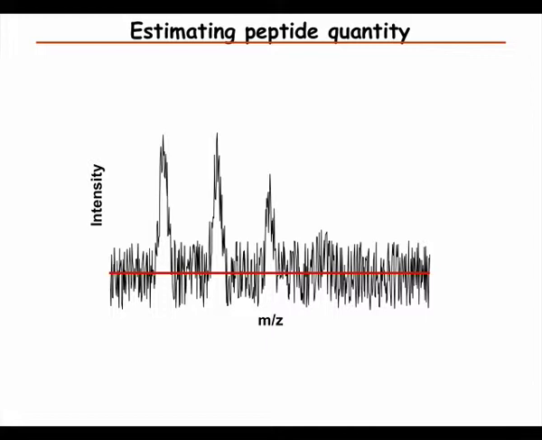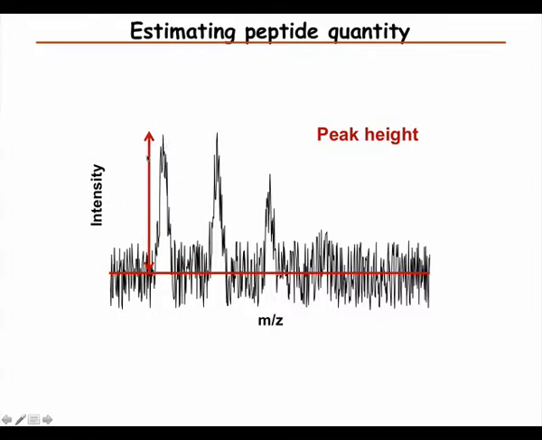So then we want to estimate the peptide quantity from a peak. As we said, we always remove the background, and then we can do it in several different ways. One is peak height. The advantage of peak height is that it's very easy to calculate, but of course it's usually not as good because we don't use all the statistics that we have.